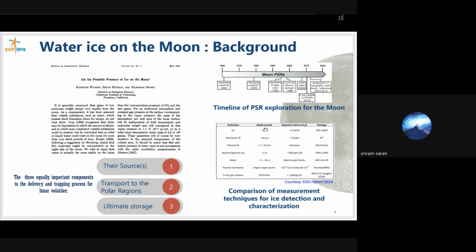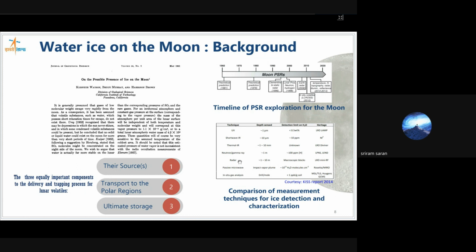So the table on the right shows the kind of sensitivity we obtain from different wavelength measurements when we are targeting these PSRs. So you can see that starting from the ultraviolet to passive microwave, what are the typical depths that can be sensed by these observations, as well as the detection limits.